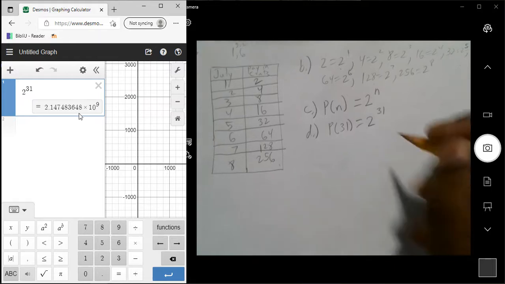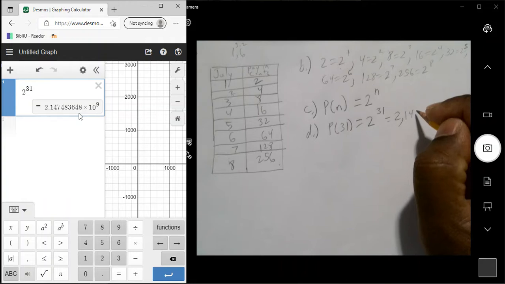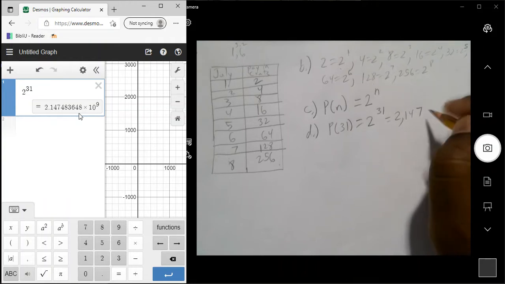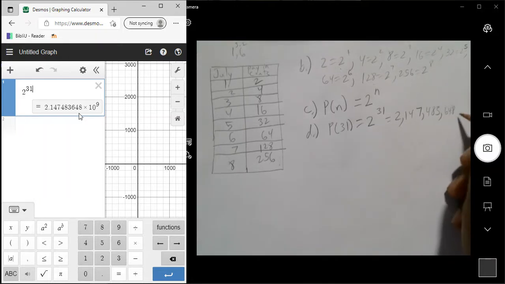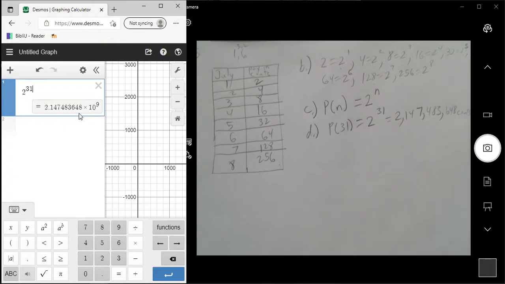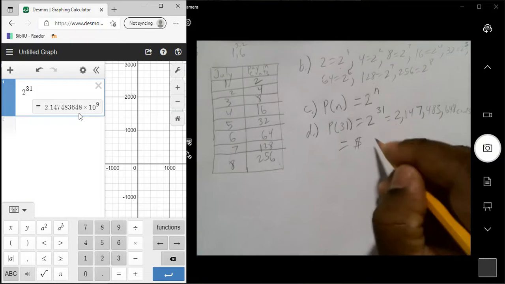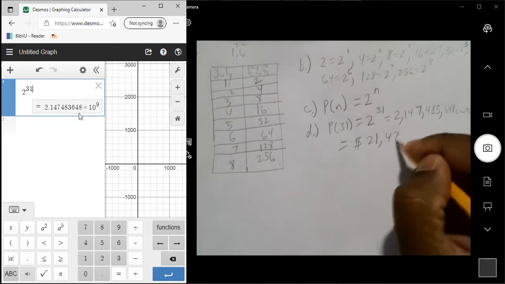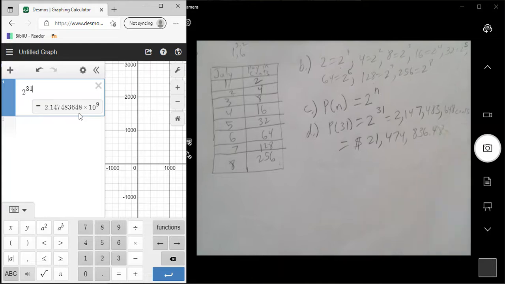So your answer here would be 2 billion, 147,483,648 cents, which is equivalent to, if we're going to write that in dollars, $21,474,836.48.